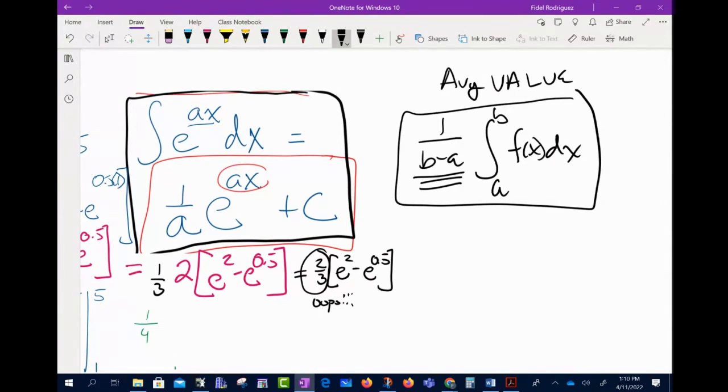You're still integrating. Now you're just dividing by that difference in those values. But anyway, I wanted to clear that up.